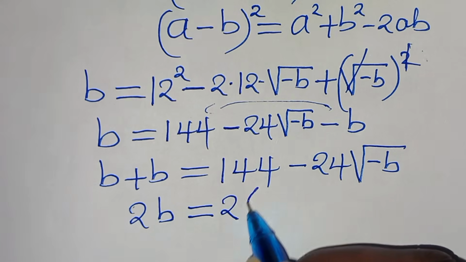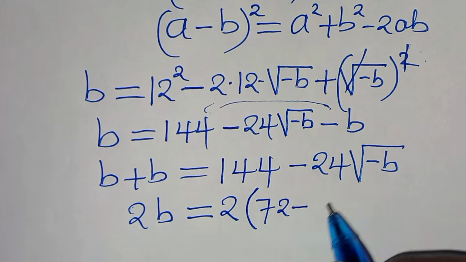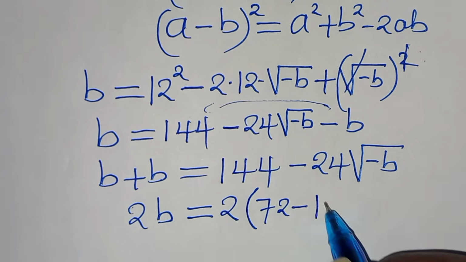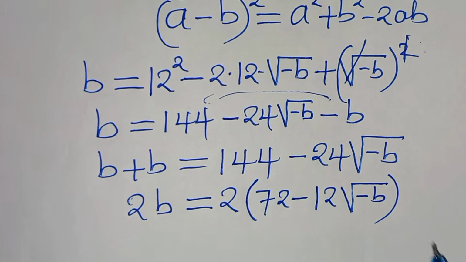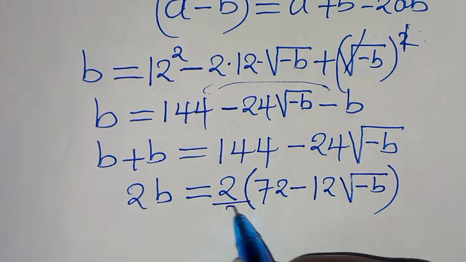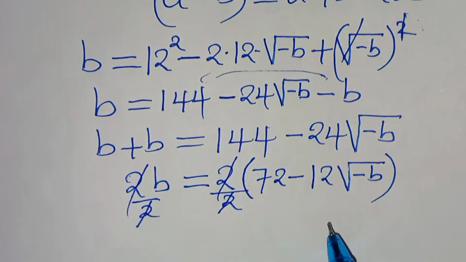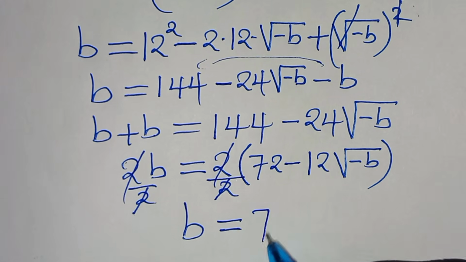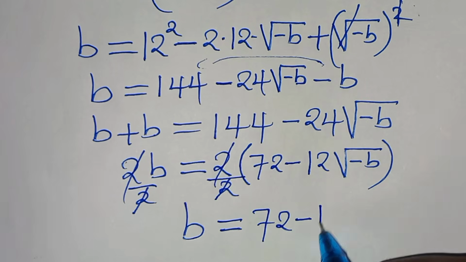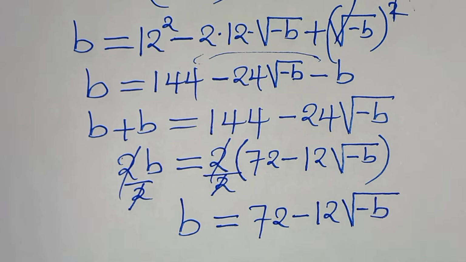We find that we can factor out 2, so that 144 divided by 2 is 72, subtract 24 divided by 2, this is 12, square root of minus b, close the parentheses. So let's divide by 2 both sides, so that now b is equal to 72 subtract 12 multiplied by the square root of minus b.